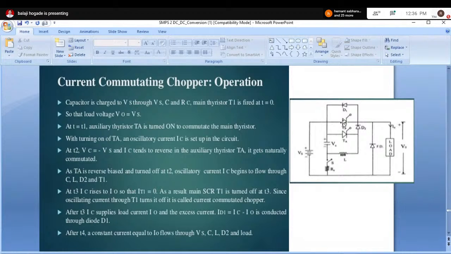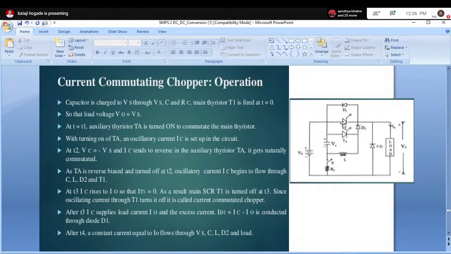The two currents are equal and opposite, so the resultant current will be 0. So the current flowing through the thyristor T1 is 0 at t equal to T3, and when the current flowing through the thyristor is 0, the thyristor will turn off, because the condition is satisfied.